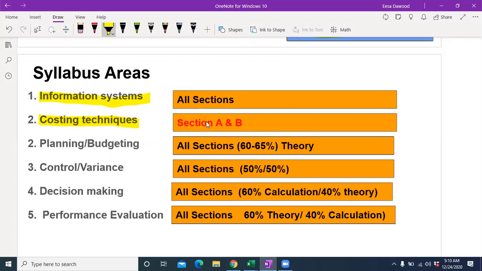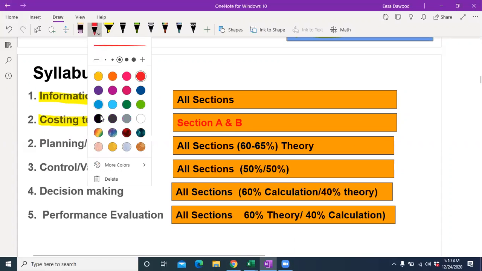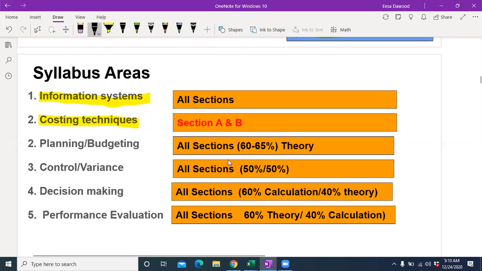This area would only be tested in section A and section B of your paper. In section C, there couldn't be any constructive response question from this area. No CRQ from this area, only section A and section B.